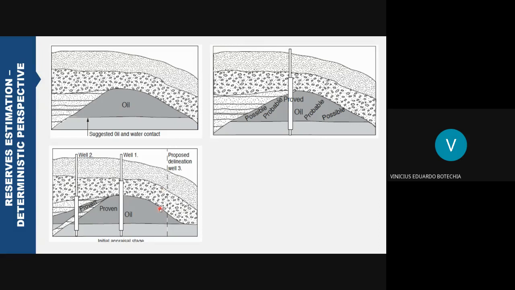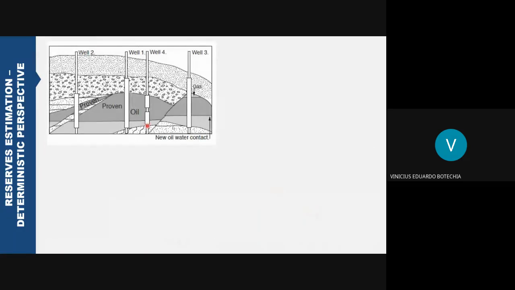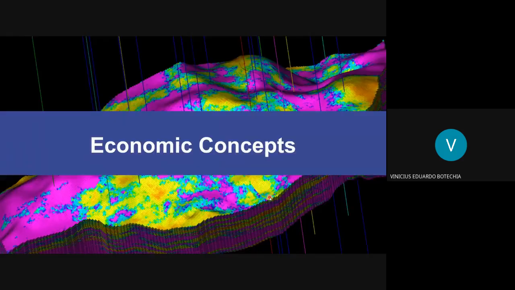So the engineer proposes to delineate a third well here, for instance. Then you can discover other things, such as a new water-oil contact and a new gas cap here, and so on. This is repeated until you can delimit your reservoir, and you can estimate where the areas are proved, probable, and possible reserves from a deterministic point of view.